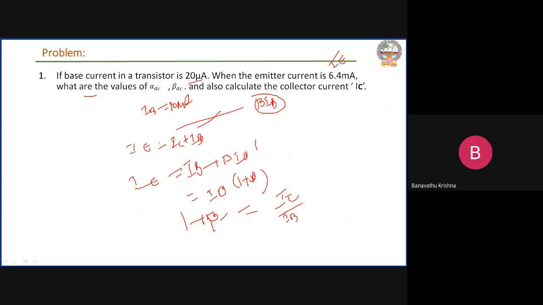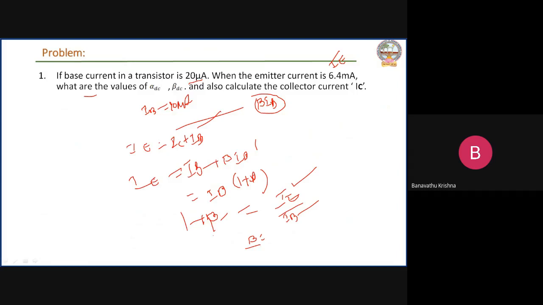You have to calculate the beta value here. IE is available here, and IB is available here, so you can calculate beta. This is the IE value, emitter current 6.4 milliamperes, the base current is 20 microamperes, then you have to calculate beta.